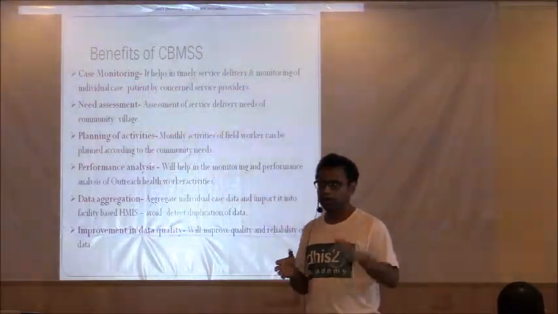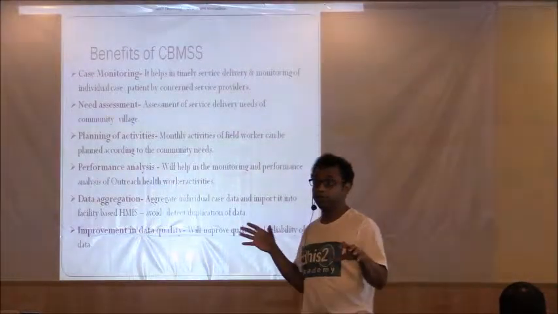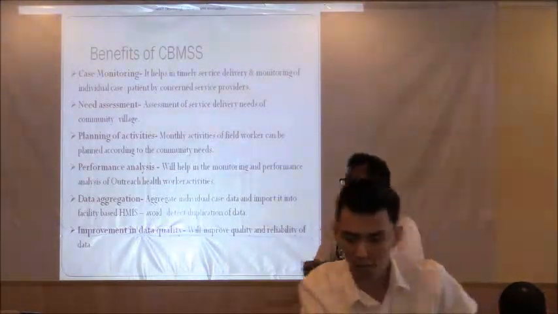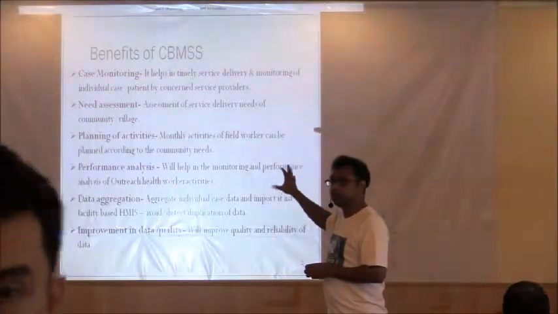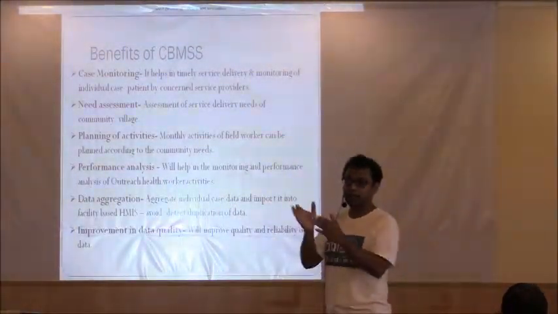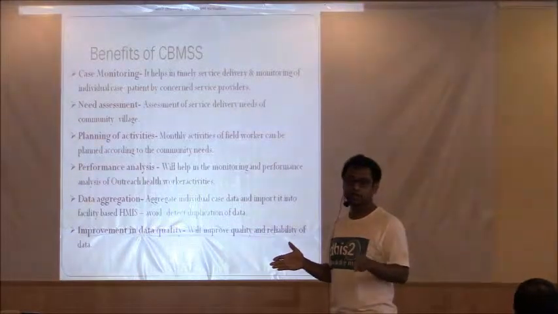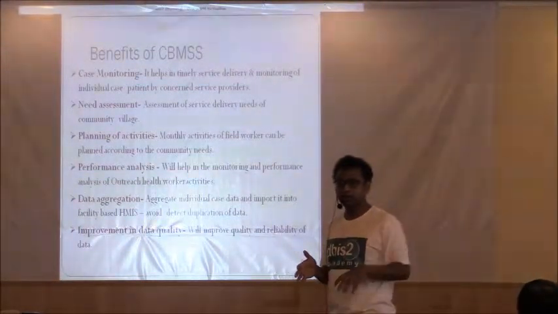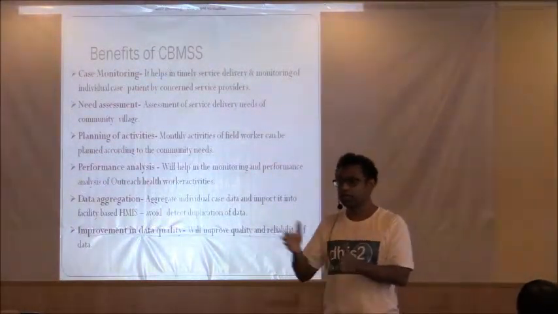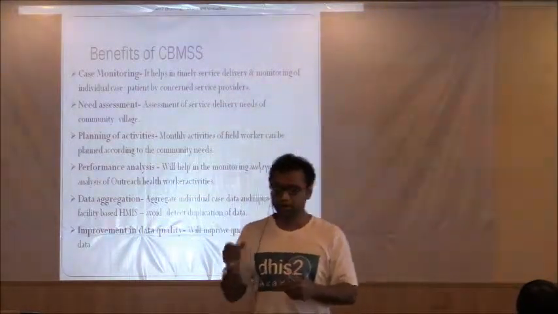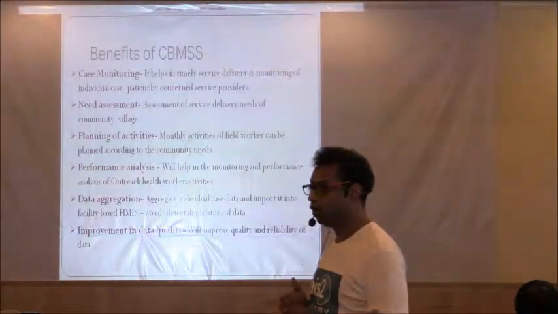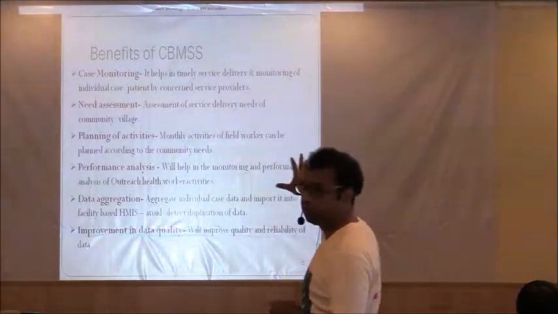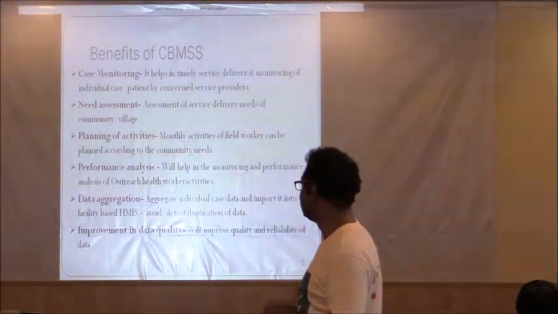Do I have to vaccinate 10 children or 20 children in this particular village? DHIS can help you on that. DHIS tracker basically helps the health worker manage service delivery in the outreach areas, and also assess how many stocks she requires, how many people are going to come, and who needs to be followed up. So we can plan the activities with those things.